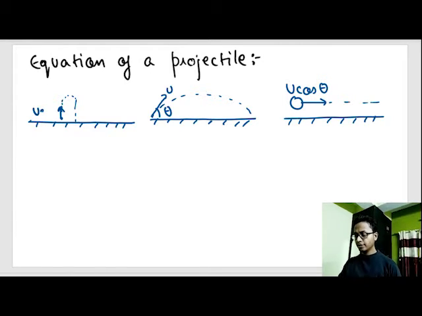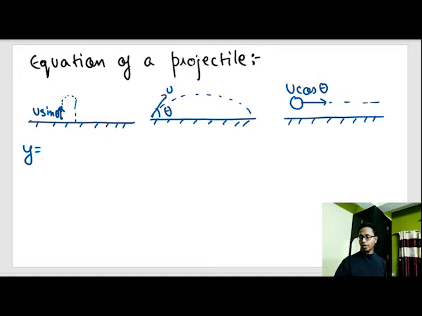Now, using the three equations of motion, what are those equations when acceleration is constant? v is equal to u plus at, s is equal to ut plus half at square, and v square is equal to u square plus 2as.